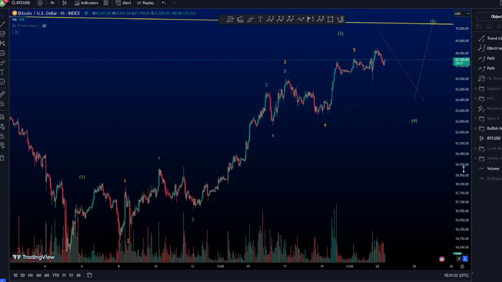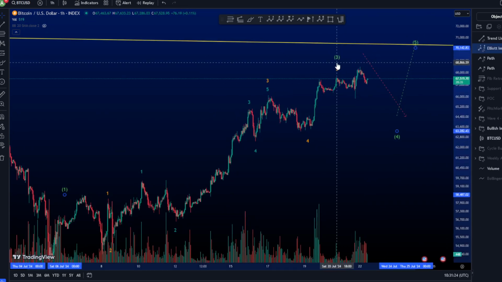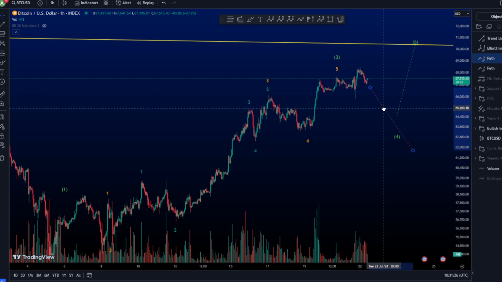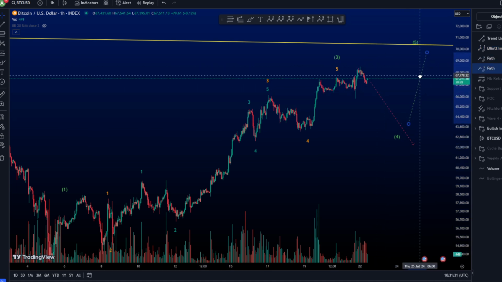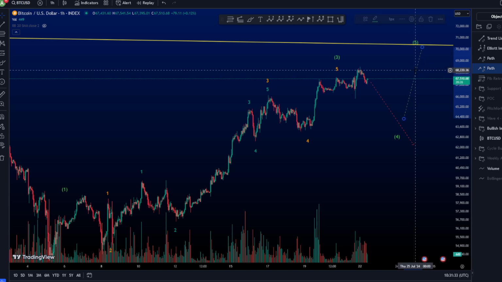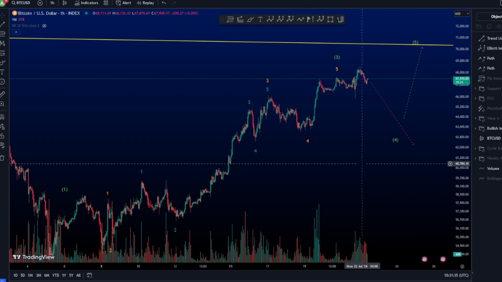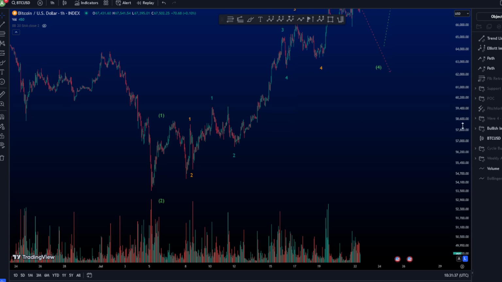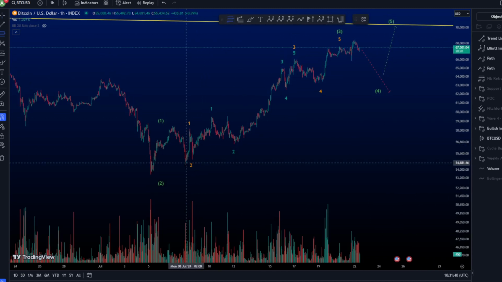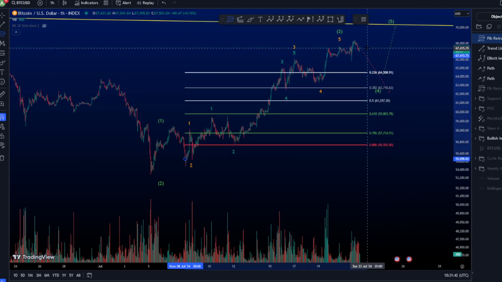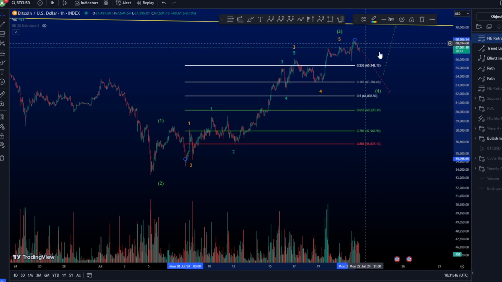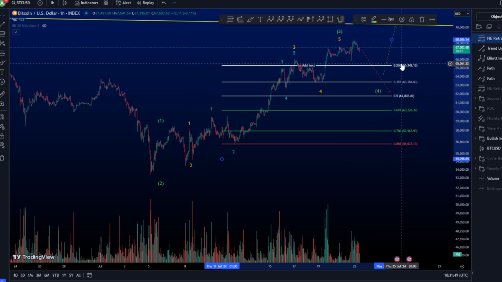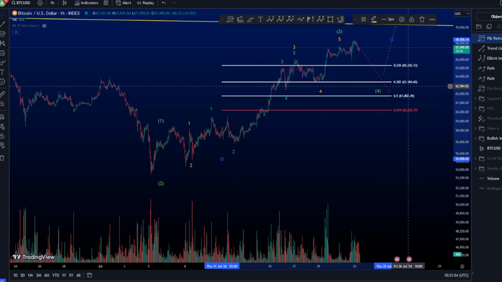As you might see, yesterday we were expecting to go down, and we are still expecting this. How much down, we still don't really have a good prediction, but we already have a target, which is 0.23. So I'm gonna keep this here as the wave 4 retracement.